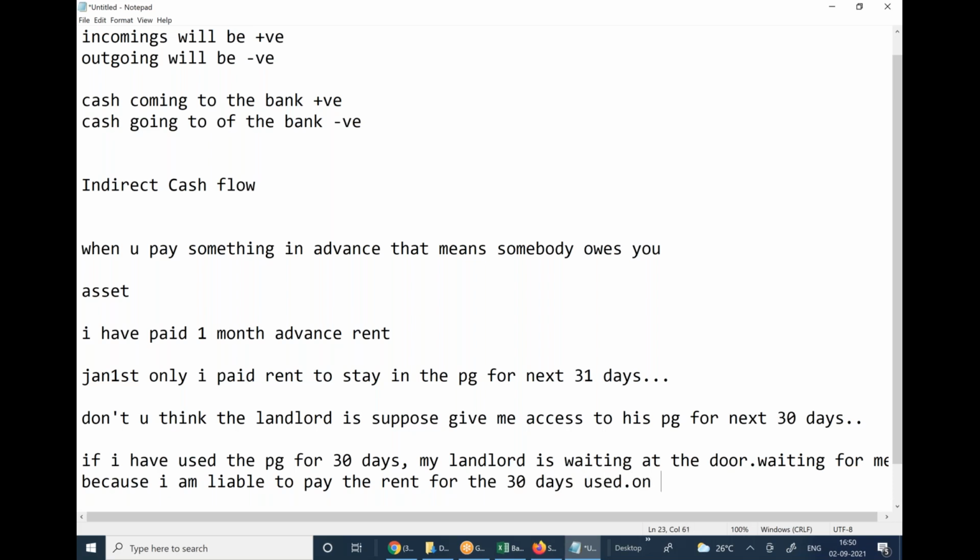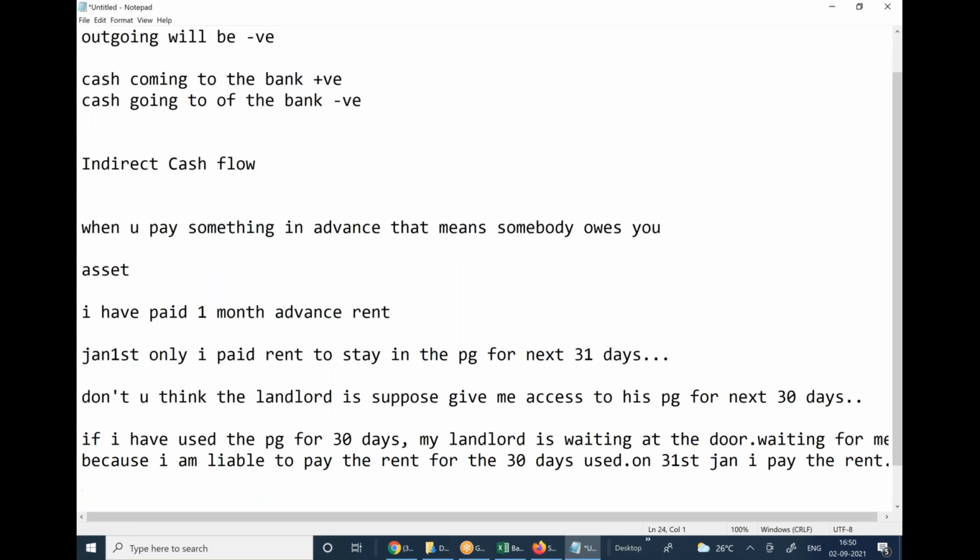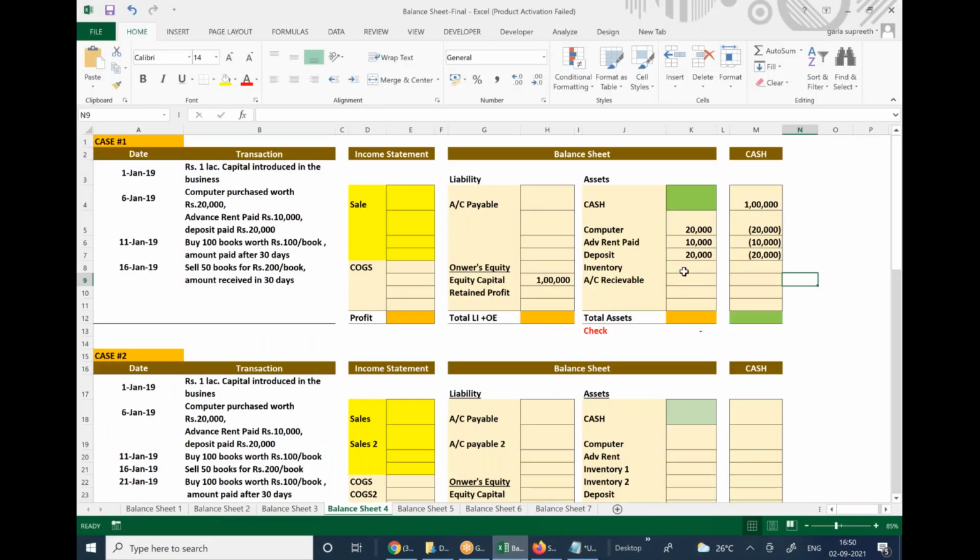So on 31st Jan, I pay the rent. I was liable to him to pay on 31st Jan. But if I pay on the 1st Jan to use for the next 30 days, that becomes an asset. That's it. Next.